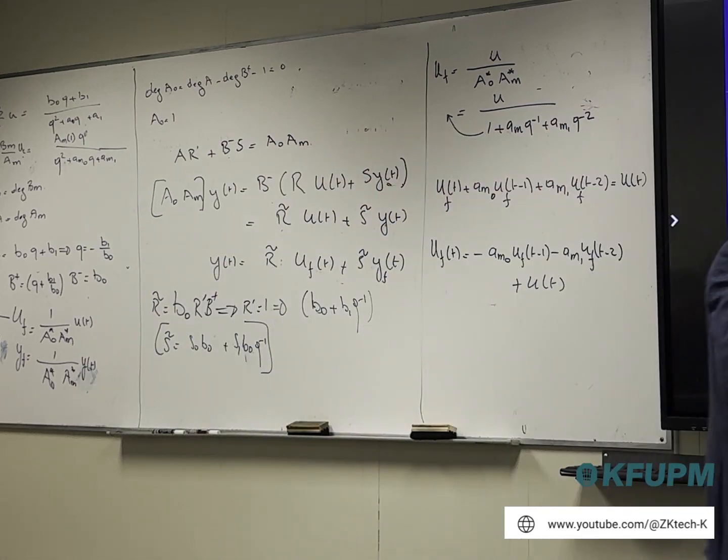So this brings me to the code now. If I would actually show you the code, so you can understand exactly how the code is working. Every time we have a filter, basically we write it in the form of a difference equation. Not differential, it's a difference equation.